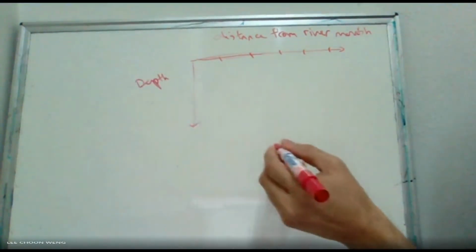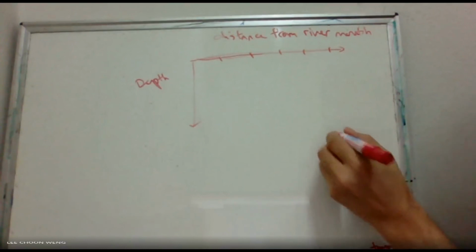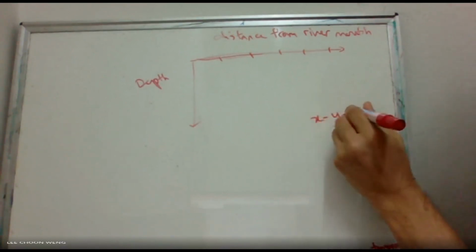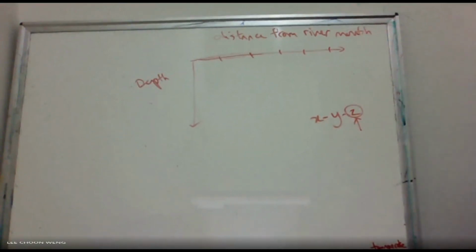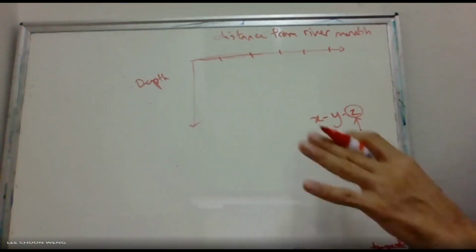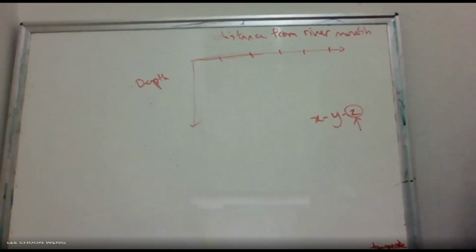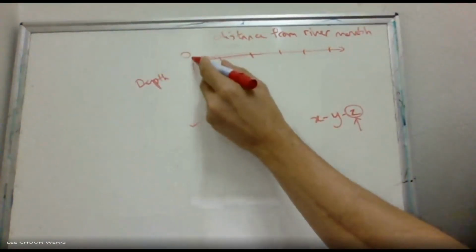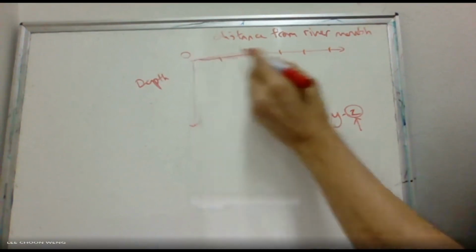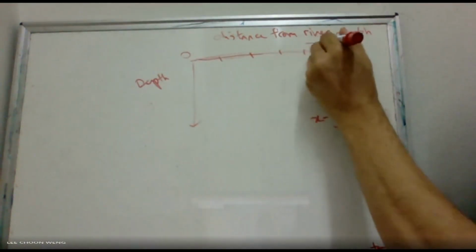As I mentioned, a contour plot is an x, y, z plot, so your z is the concentration of the variable that you're measuring. If the distance from the river mouth is 0, that means this is where the river mouth is. So this is the upstream.